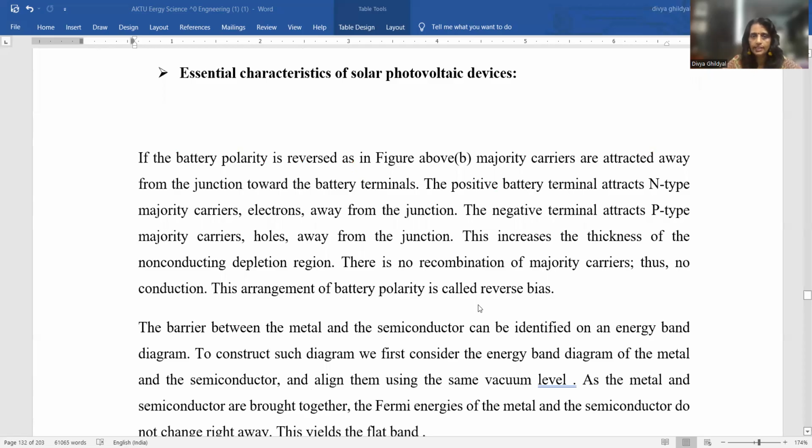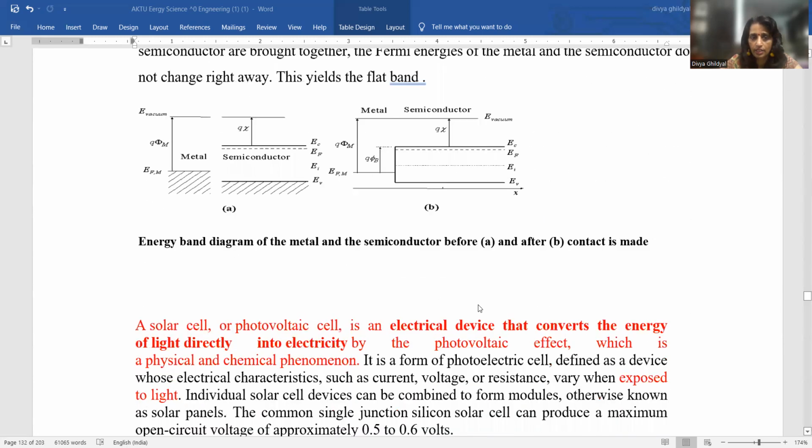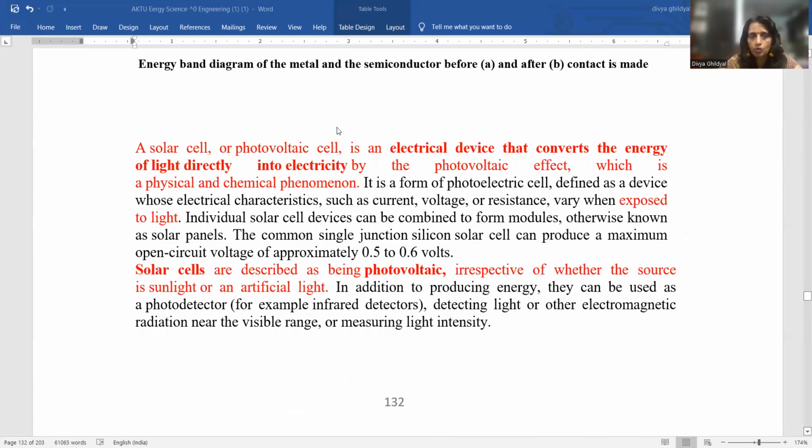You studied this because you have to study photovoltaic devices in the solar energy chapter. What is a solar cell or a photovoltaic cell? This is an electric device that is converting the energy of light falling on it directly into electricity with the help of the photovoltaic effect, which is basically a chemical and physical phenomenon.